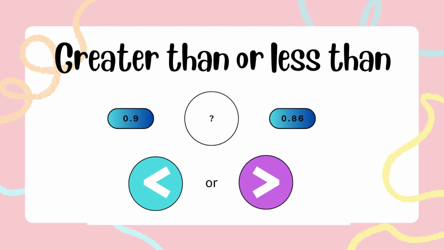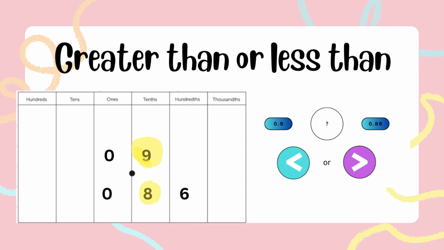Greater than or less than. I have 0.9 and 0.86. Which one is greater than and which one's less than? If I'm comparing the place values, first I'm going to start at my ones. I have no numbers in my ones, zeros for both of them.